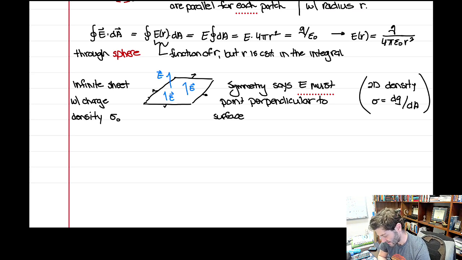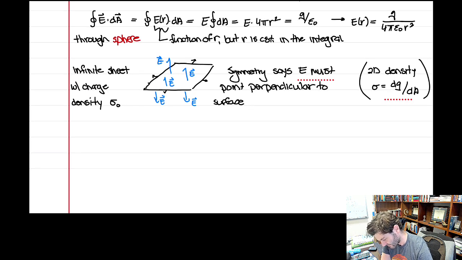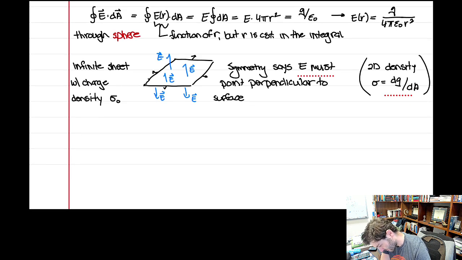In this case, it'll turn out to be a constant. So the fact that it points vertically upward and downward, I could draw some electric field lines below the sheet as well. And again, assuming positive charge density in this case. Just flip all the arrows if you want negative.